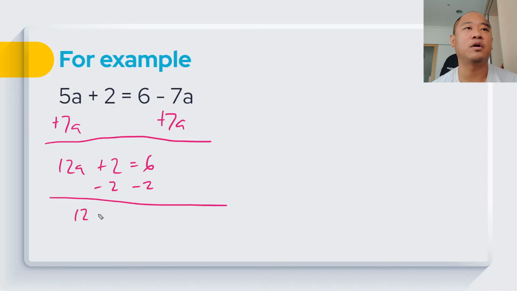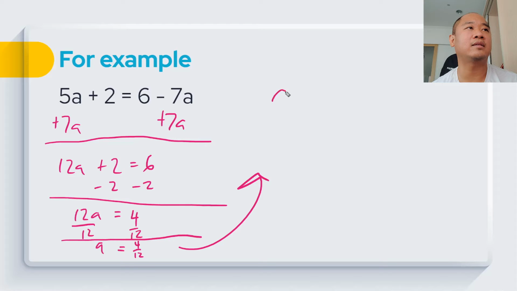That gives you 12a equals 4. Divide by 12. a equals 4 over 12. Reduce that to 1 over 3. So a equals 1/3.